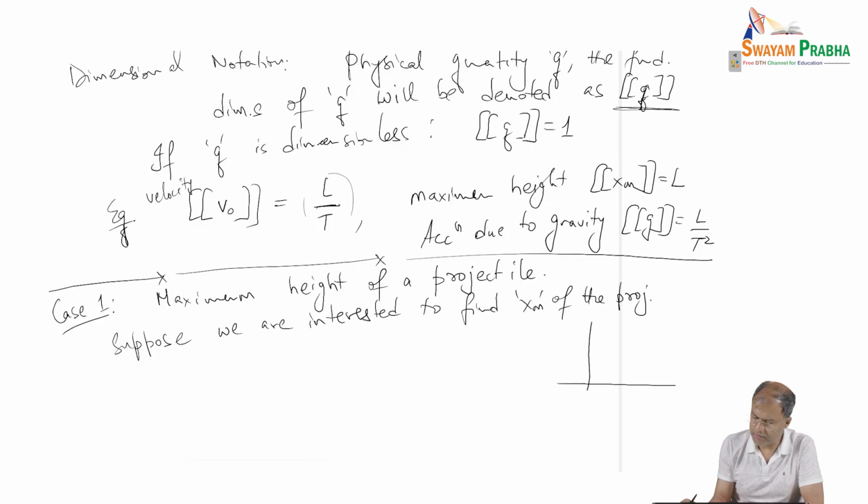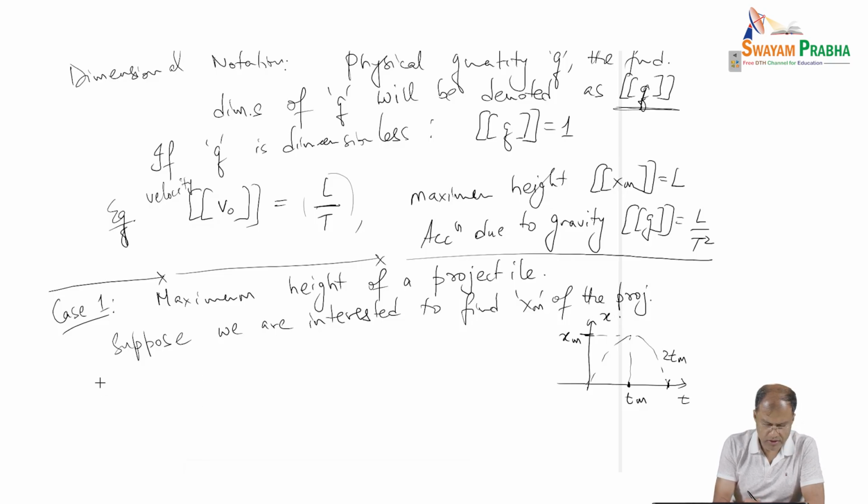So we have xm and tm, and of course tm is half the time of flight, the time taken to reach the maximum height, and in a simple projectile the total time will be 2 times tm, right? And this is the t axis and this is the x axis.